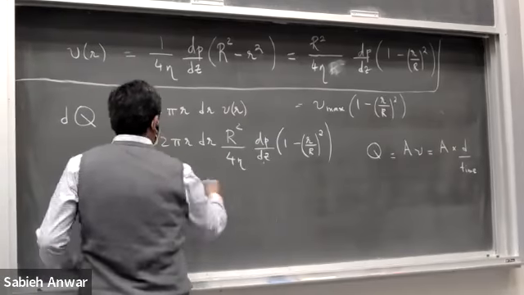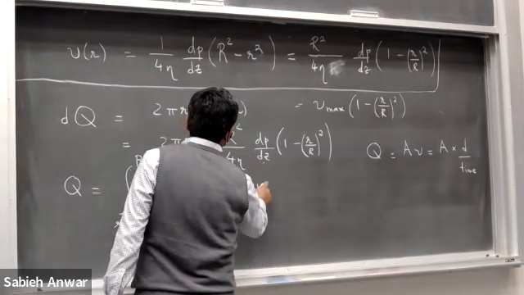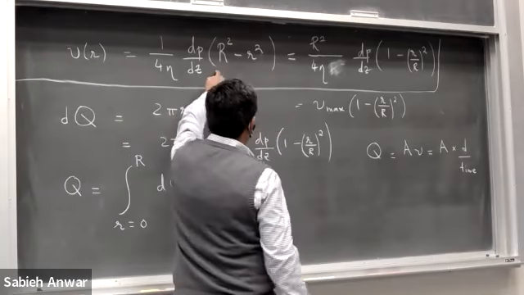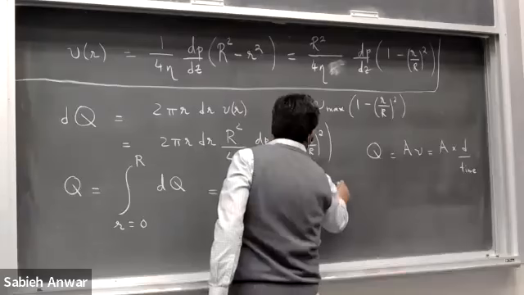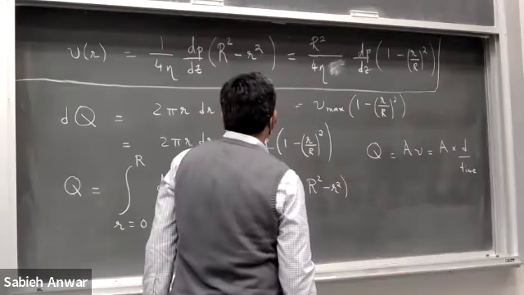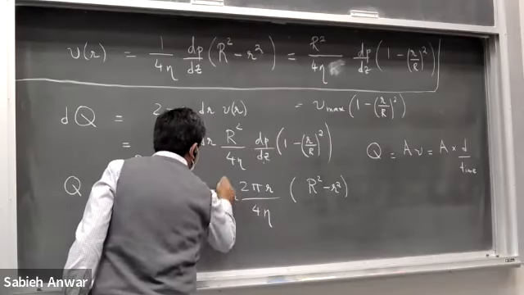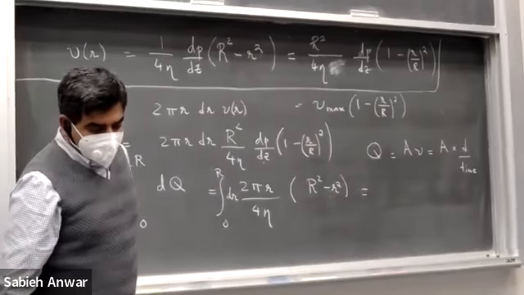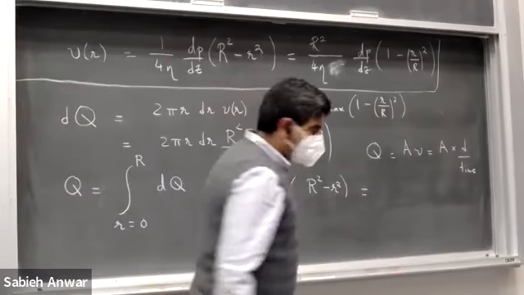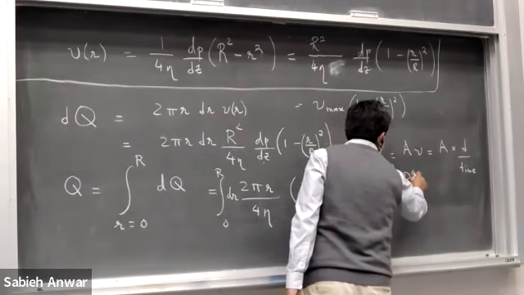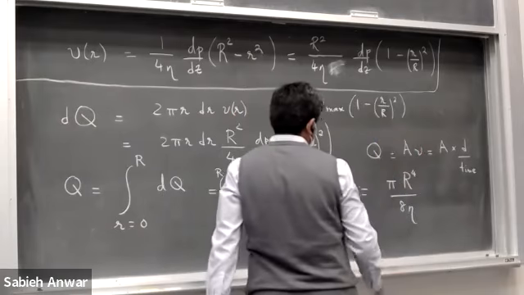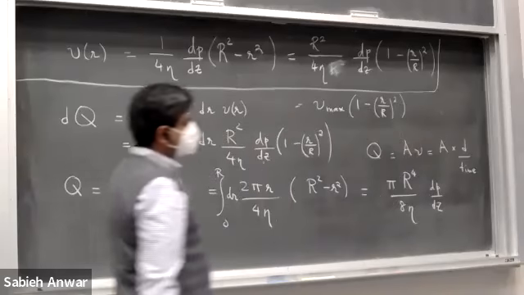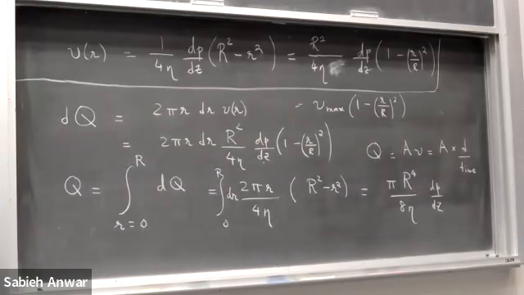So I can integrate all of this. If I do all of this properly, 2 pi over 4 eta, now let's move back to this expression, R square minus small r square, dr. I would get, let me just reproduce the result over here, pi... okay.